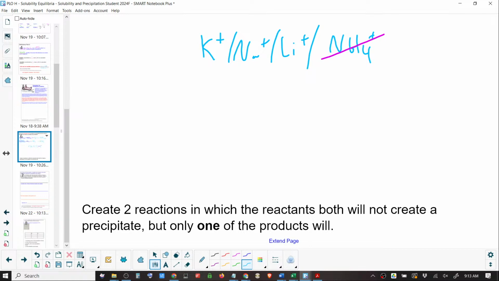What is the negative ion that's soluble with pretty much everything? Pardon? NO3. Find one compound that is low solubility. Any compound, two together. Silver chloride.